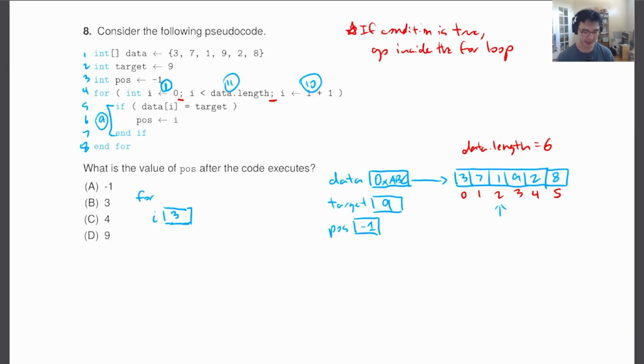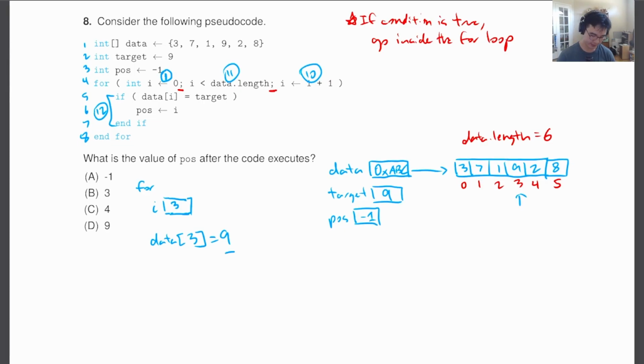Then we ask ourselves, is 3 less than 6? True. Because the condition is true, you go inside the for loop. And you ask yourself, is the data at I, which is data at 3, which should be here, is the data at index 3, which is 9, is that equal to the target value, which is 9?